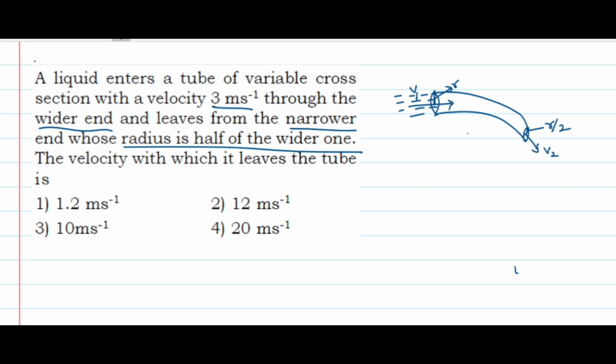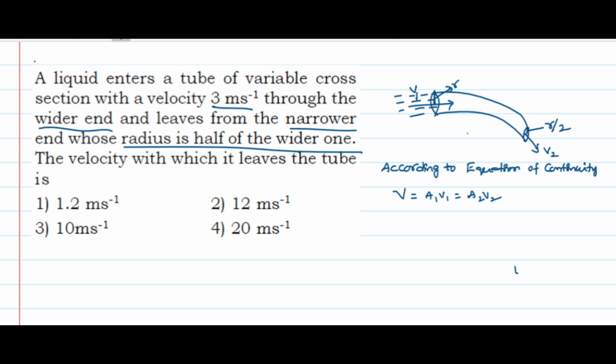According to the equation of continuity, the volume of the fluid which is entering in a given time will be equal to the same volume of the fluid which is leaving from the other end in the same time interval: A1 v1 equals A2 v2.